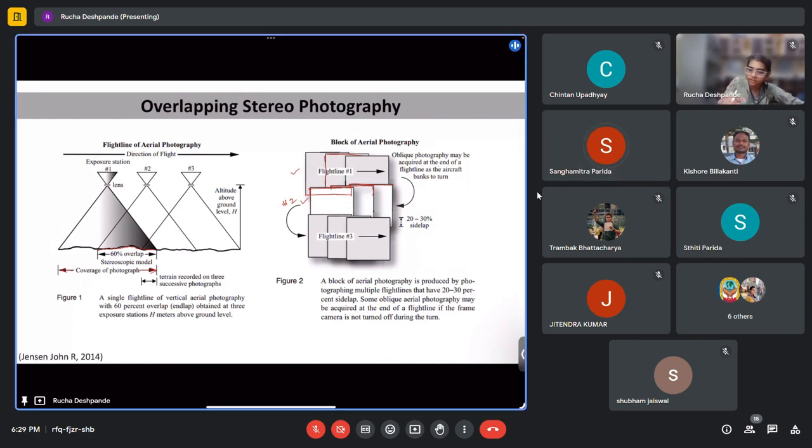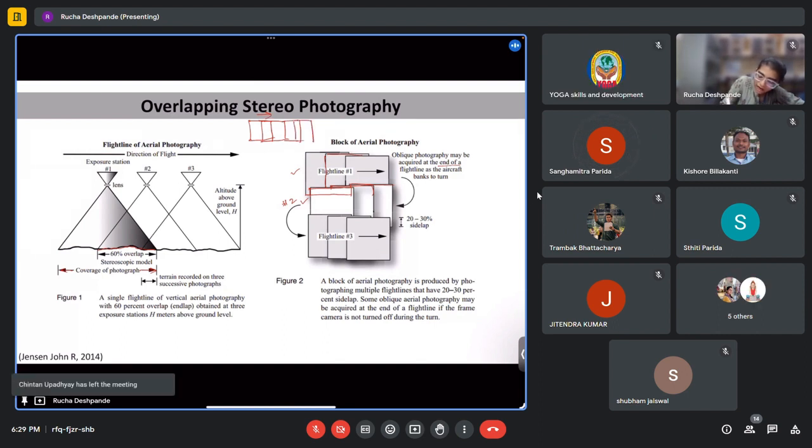What is called longitudinal overlap would be the end lap. The images have two kinds of overlap. First you have the overlap along the flight direction, and then after the flight takes a turn, it starts scanning in this line.